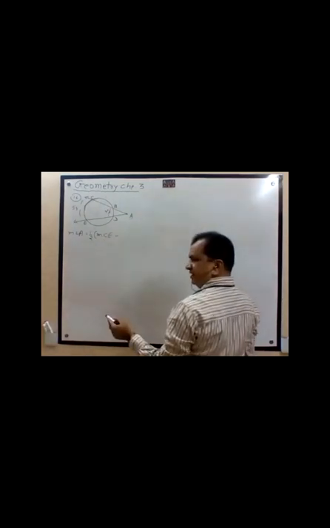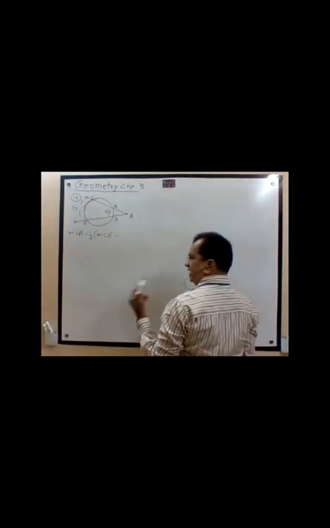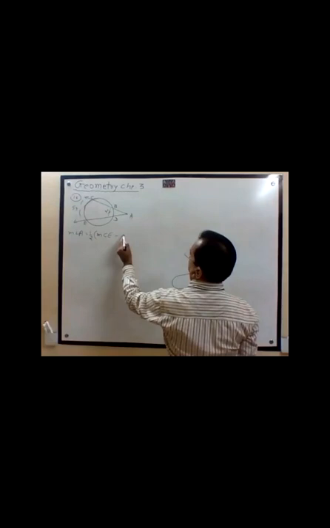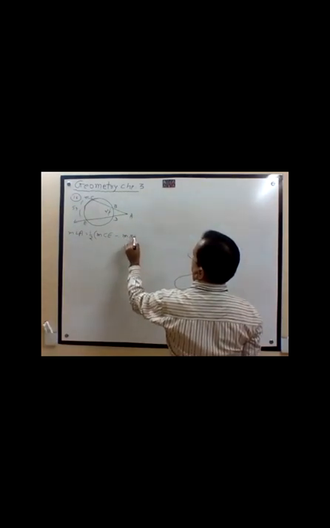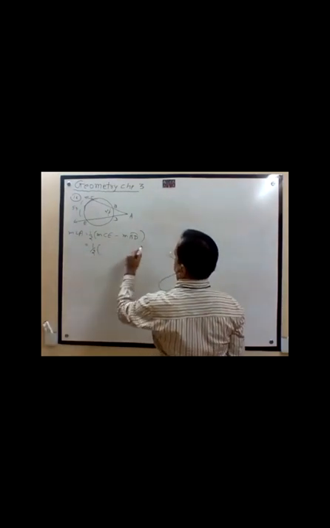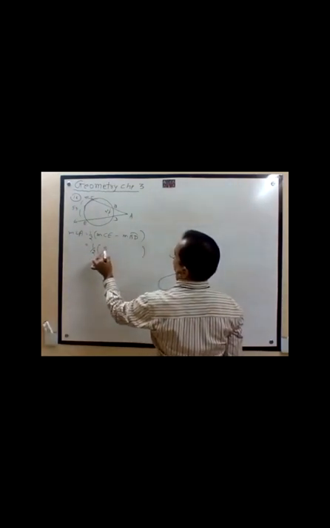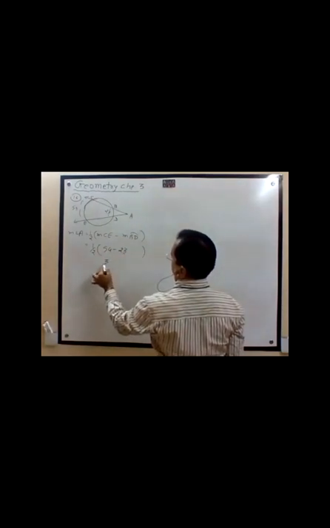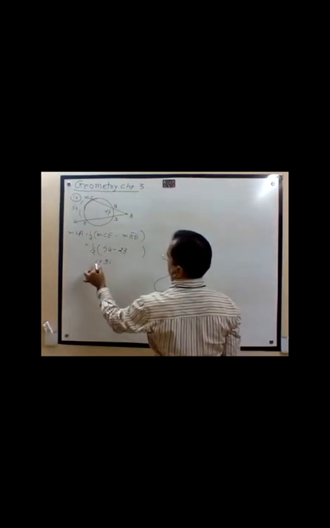When it is inside, total, and half; when it is outside, maximum minus minimum. That is 54 minus 23, so 31.